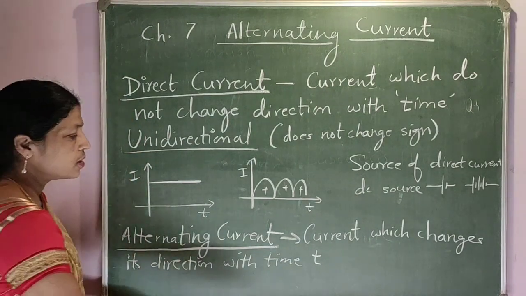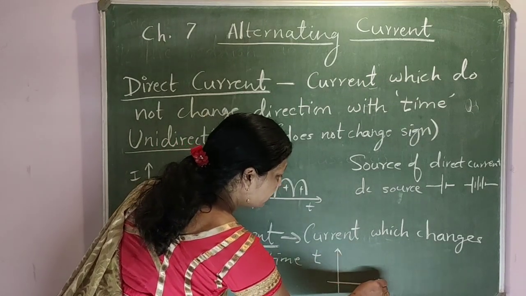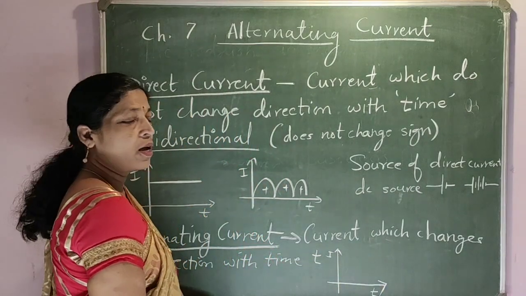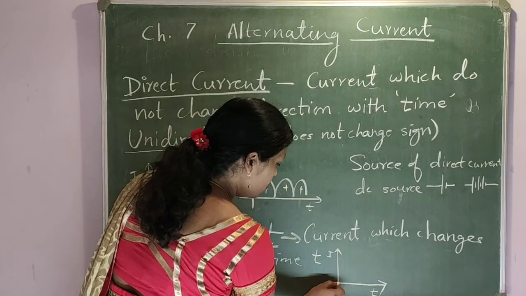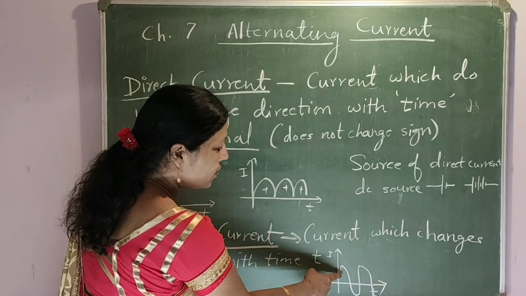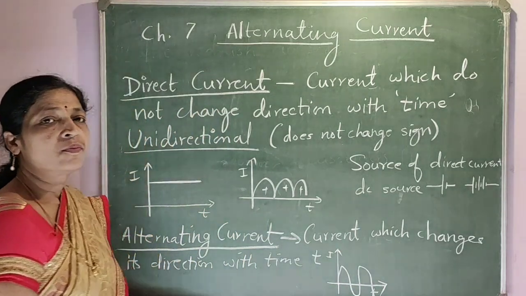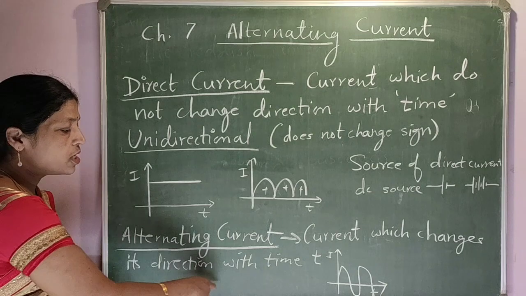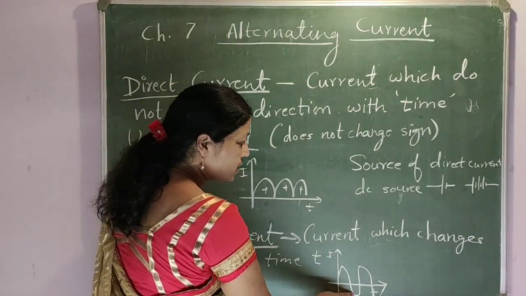We can show that by a graph. This is current and this is time on the x-axis, since it is independent. Alternating current has both positive and negative values, or we can say alternating current changes its sign. Sometimes it is positive, sometimes it is negative.